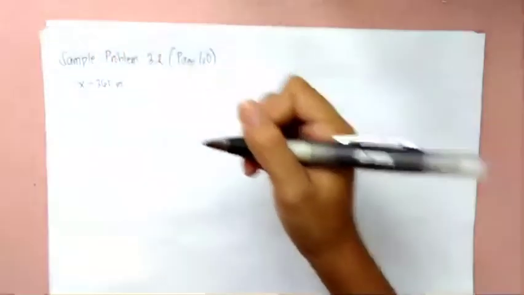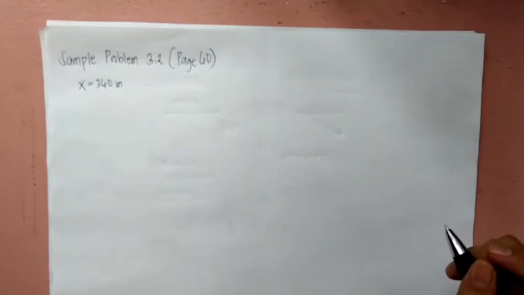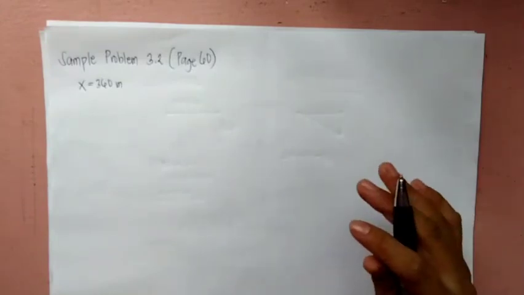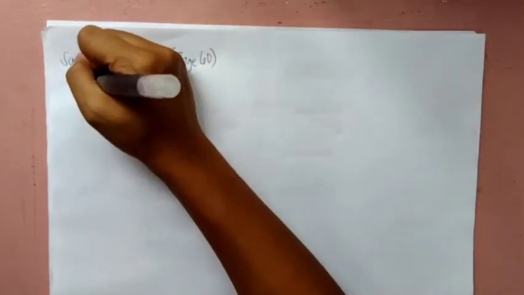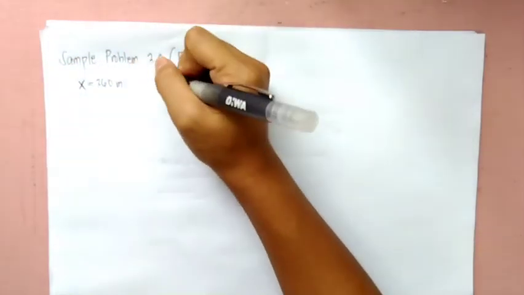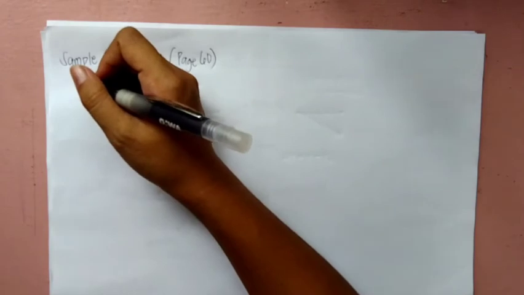Okay, so we are going to summarize first the values that we are going to use for the solution. So the distance is 360 meters. That is the distance from Vanya's home to her school. Another is Vanya's speed.